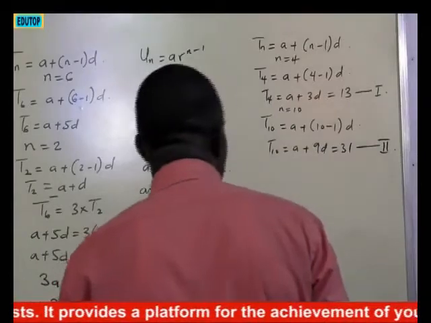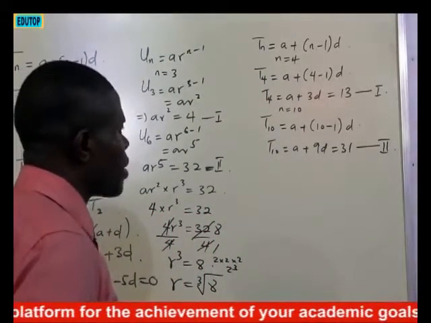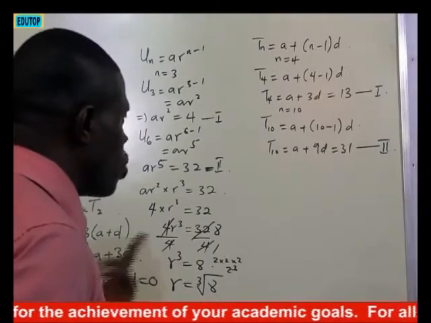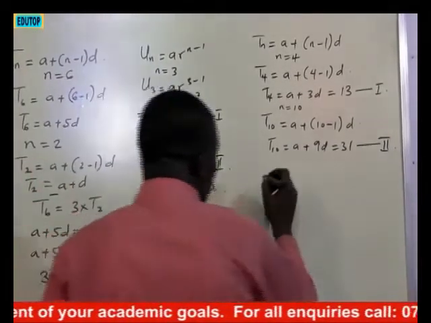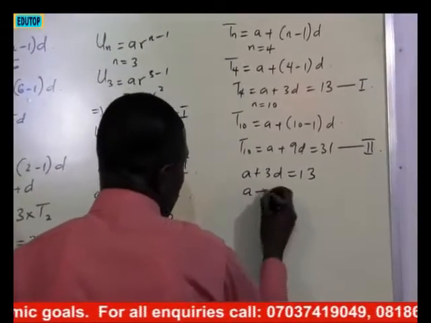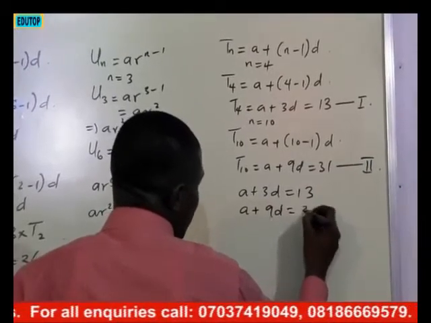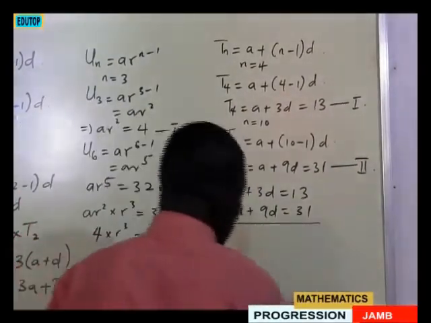Now I have two equations with two unknown constants, so I have no other option than to resolve into simultaneous equations: A plus 3D equals 13, A plus 9D equals 31. So I can solve this simultaneously.